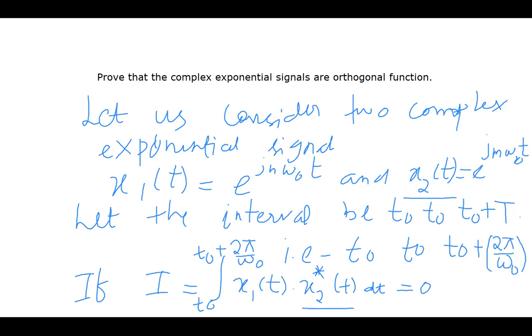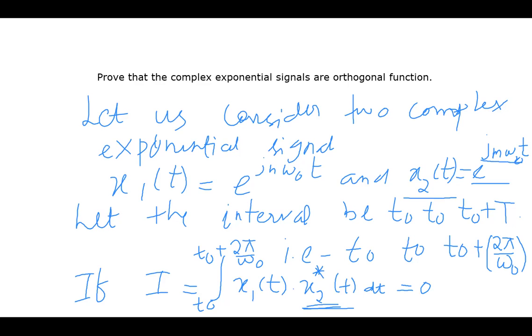Whenever there is a complex conjugate of an exponential signal, the sign in the exponent will change. When it is plus j m omega 0 t, the conjugate will become minus j m omega 0 t.